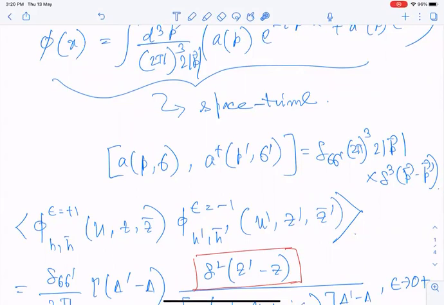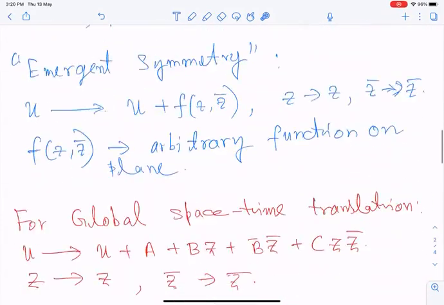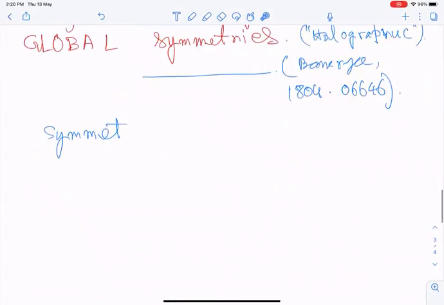So here you can say that you have just a space U, Z, Z bar, and I know how the Poincaré group is acting on that. And I have a bunch of fields on that, and that's all we need.